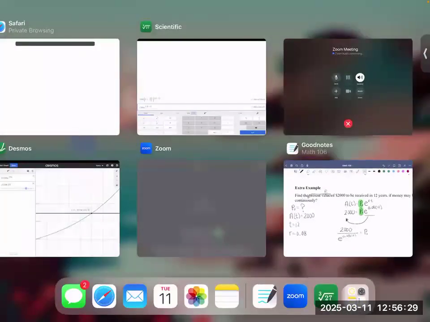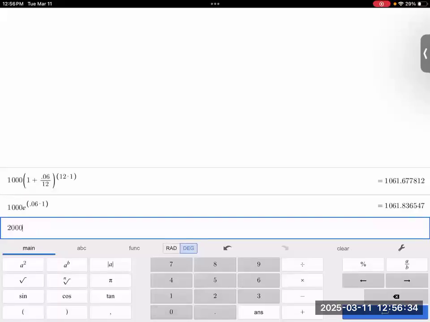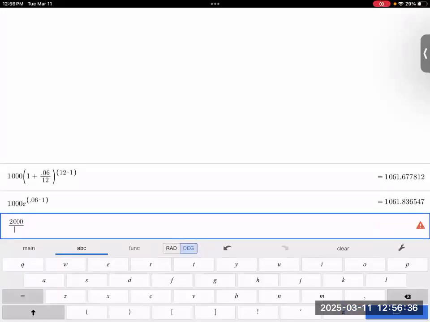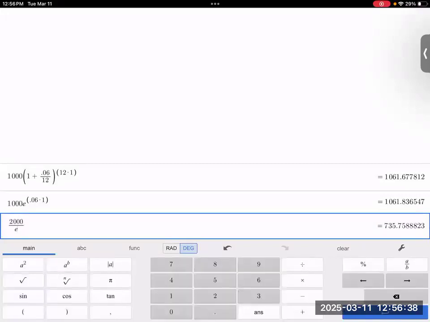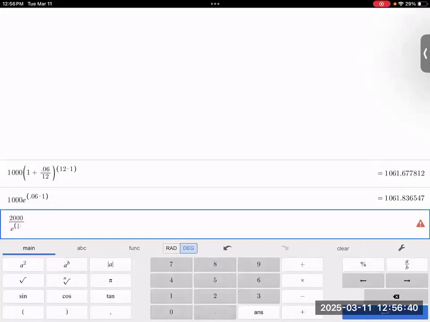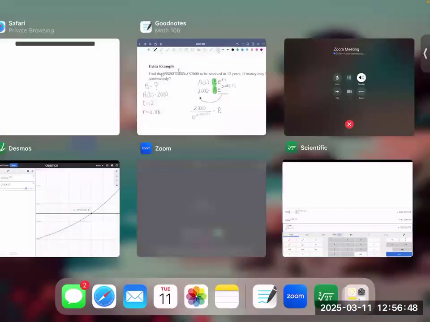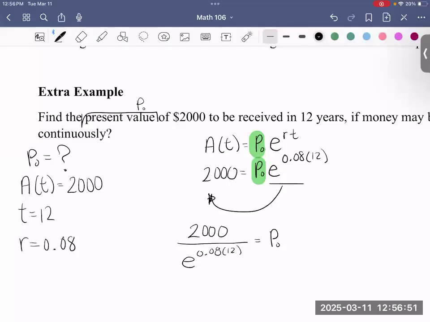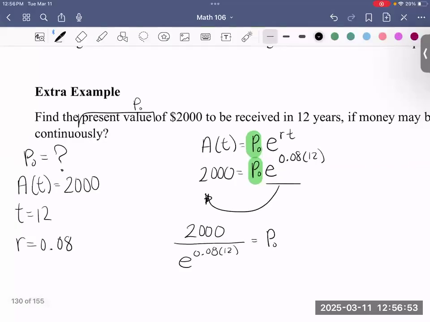So when I go to put that in over here, we have $2,000 divided by E being raised to the 0.08 times 12. So you have $765 and let's say 79 cents. So P naught is roughly $765 and $79.